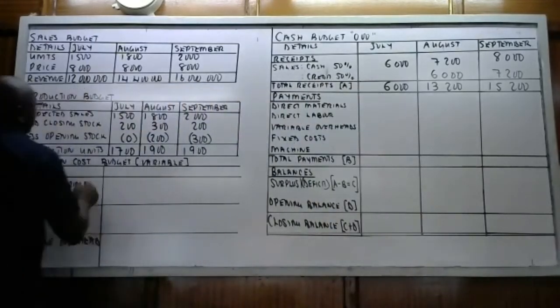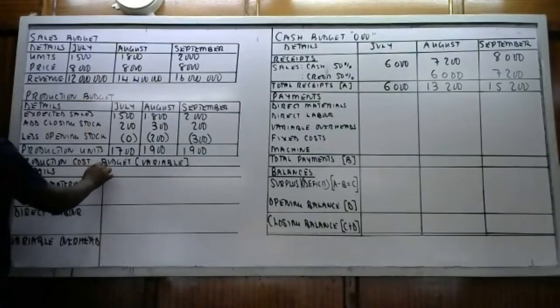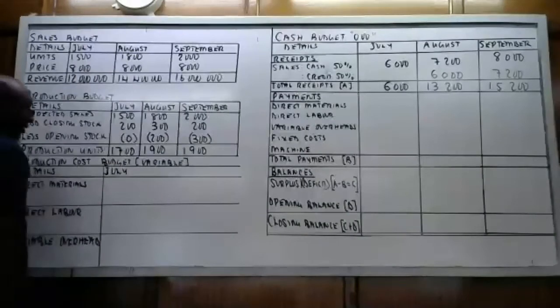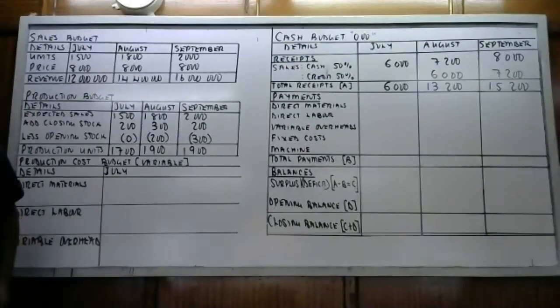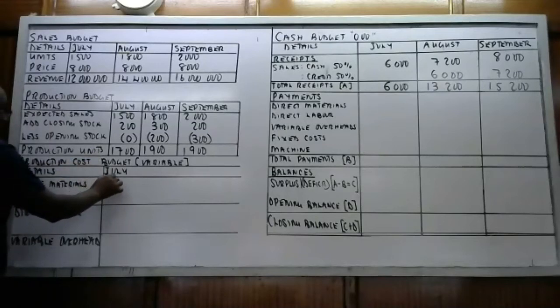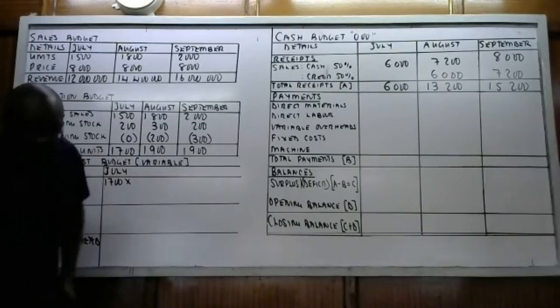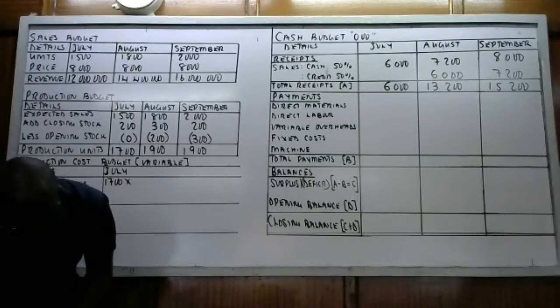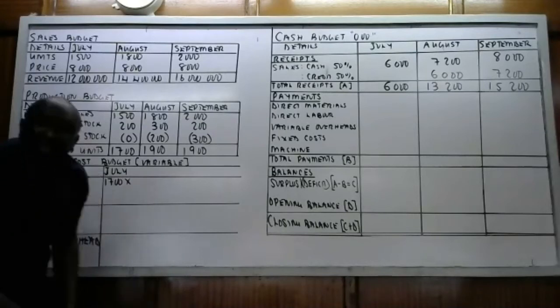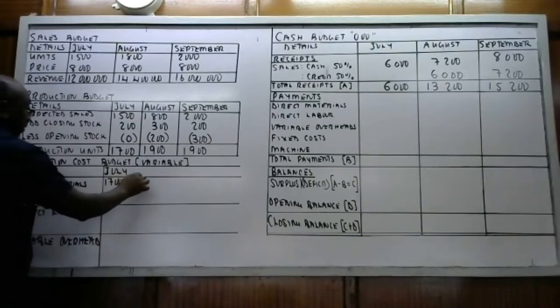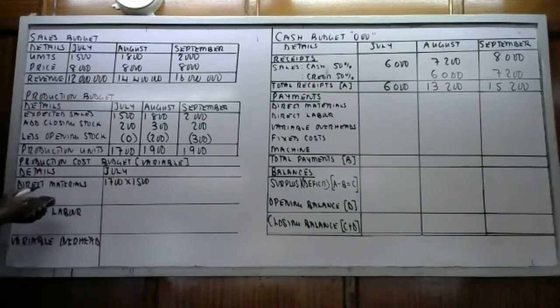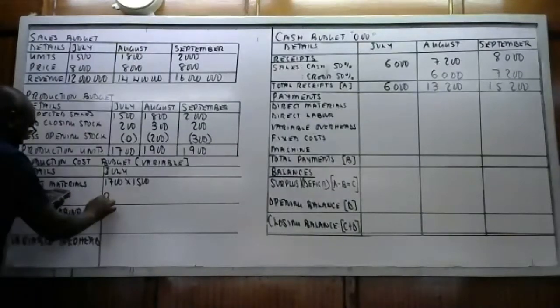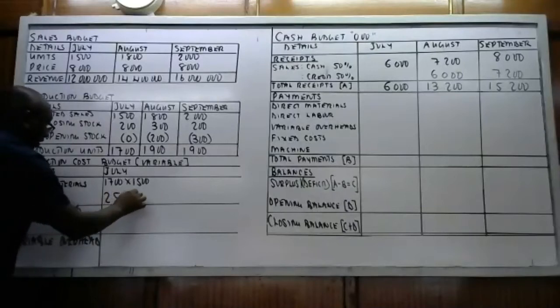So tukikuja July, start with July. It will be dealt with like this. Utachukua these units that were produced, 1,700, multiply by the material costs. Direct material cost is 1,500. So 1,700 times 1,500, I'm getting 2,550,000.